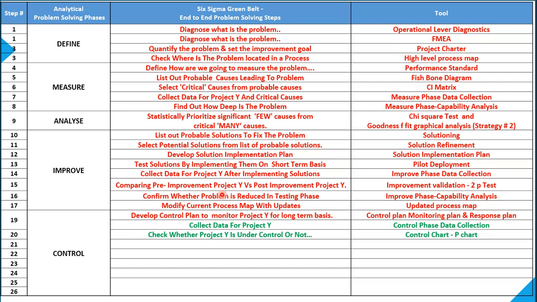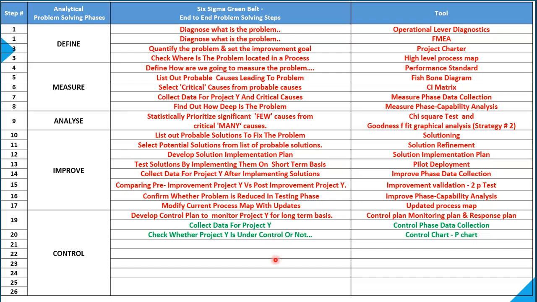But when we implement it for a longer period of time, on a day in, day out basis, we need to confirm whether the improvement is sustained. To validate that, we need to collect certain data. So that is the data collection step in the control phase.